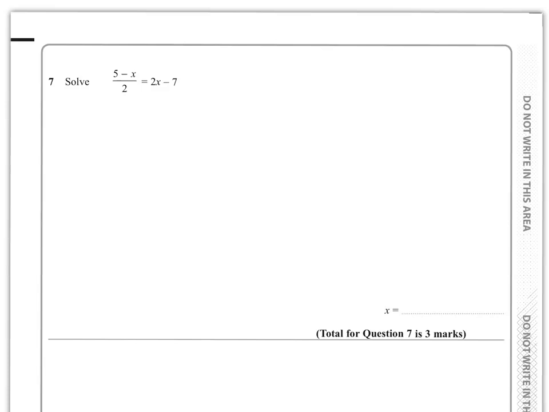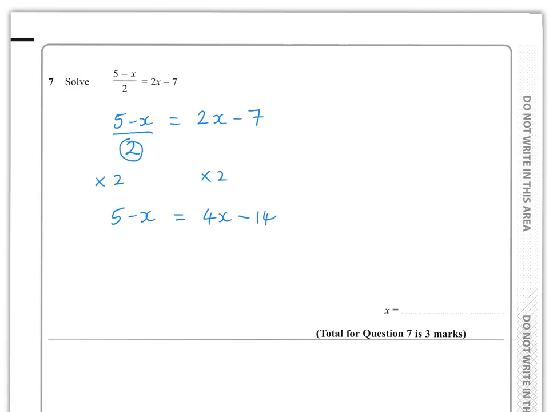Question 7. 5 minus x, all divided by 2, is equal to 2x minus 7. Well, to solve this equation, I'm going to times both sides by 2 first. That gets rid of this part. So we're going to have 5 minus x equals 4x minus 14.